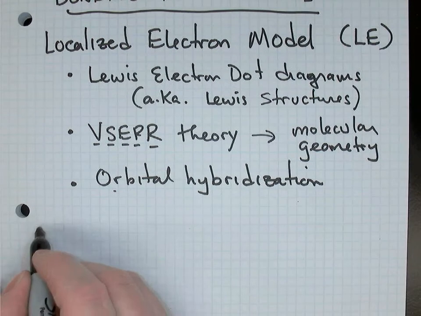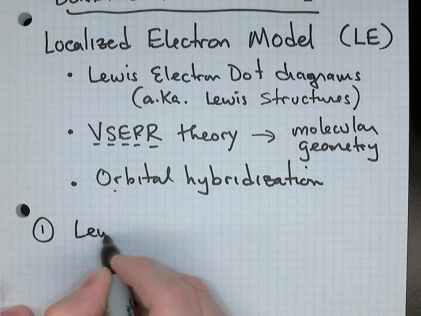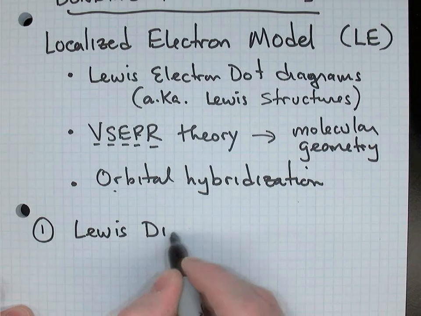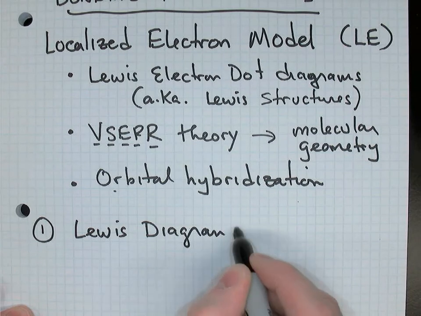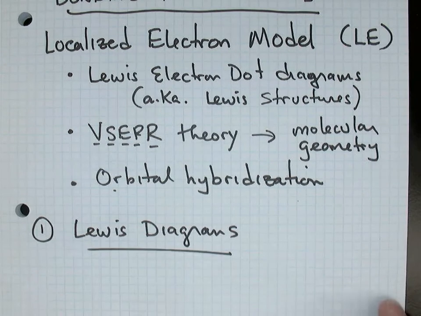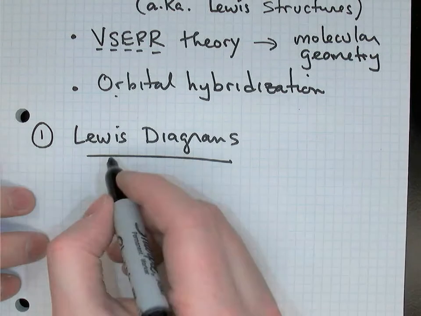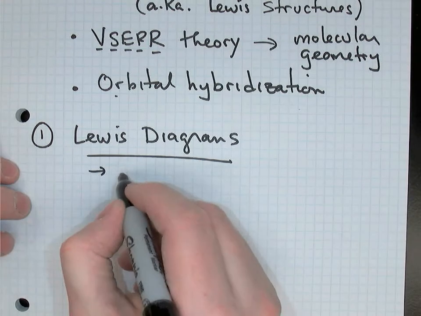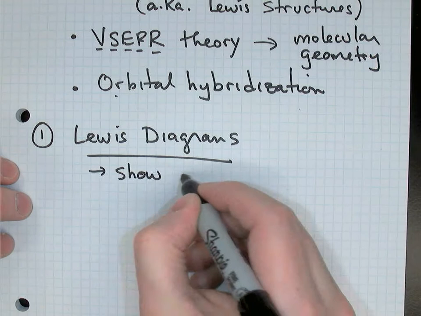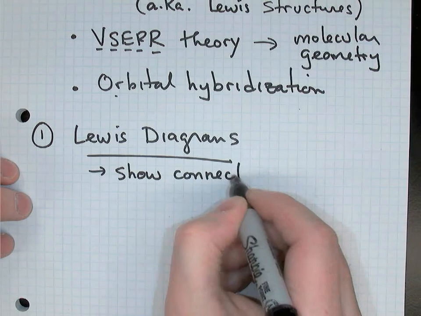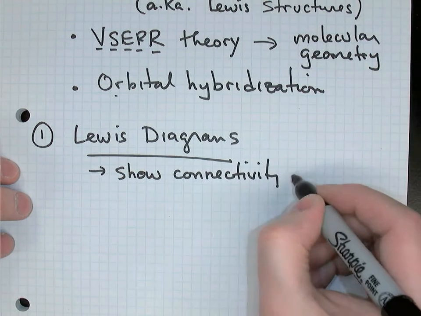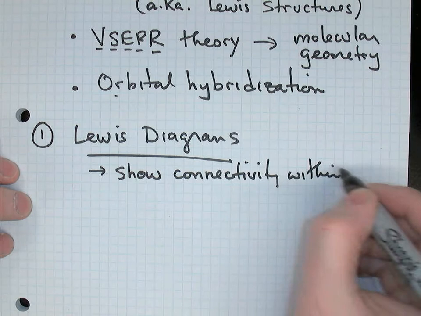So let's jump in with the Lewis diagrams. Lewis electron dot diagrams, Lewis structures. Basically, a Lewis diagram, its only real purpose is to show the connectivity within a molecule.